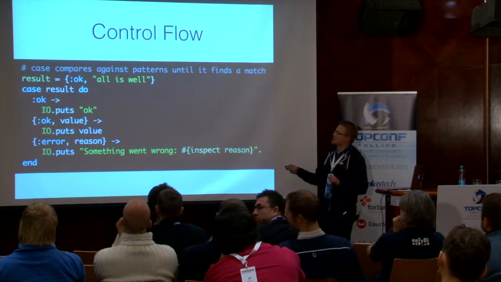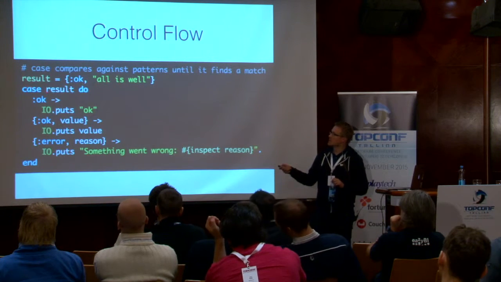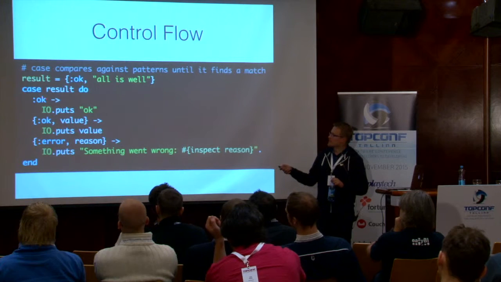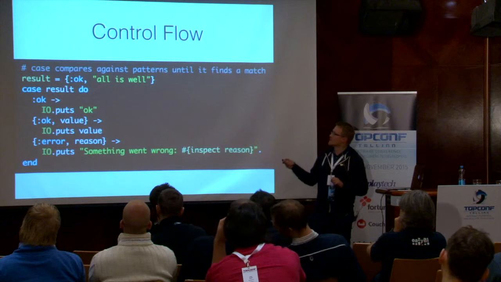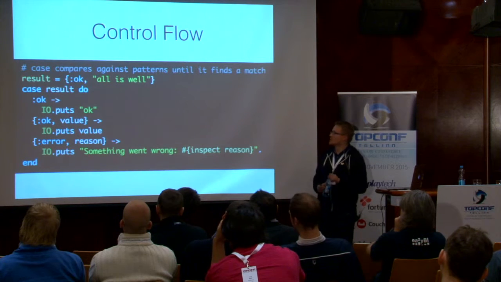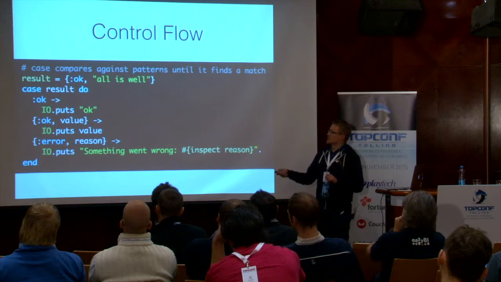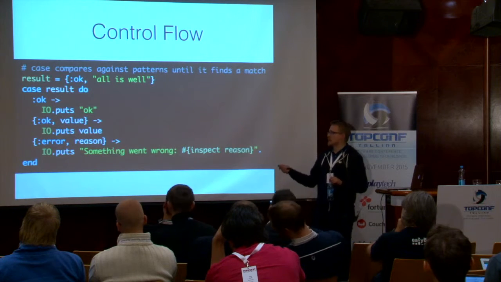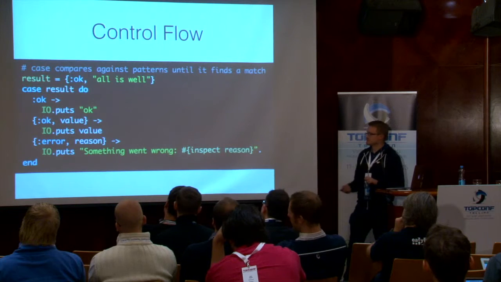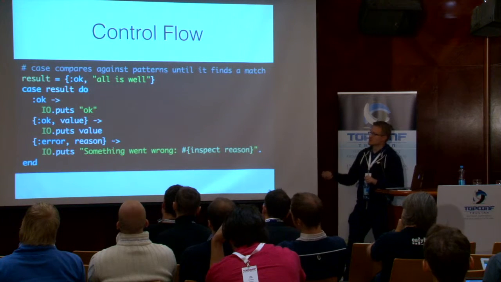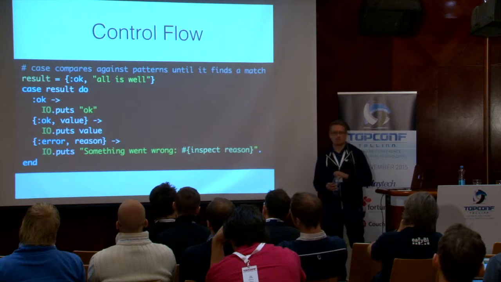So this one here, we feed it to the case. It doesn't match this one. It will match this one, and it will output all is well to standard output. If there had been another tuple, let's say error, reason tuple, it would go here. If nothing matches, it will throw an error.